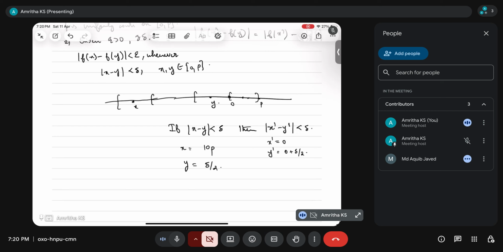But |x minus y| is not less than delta. Then it is vacuously true. I try to say that if |x minus y| less than delta holds, then |x' minus y'| less than delta. I think it is true.